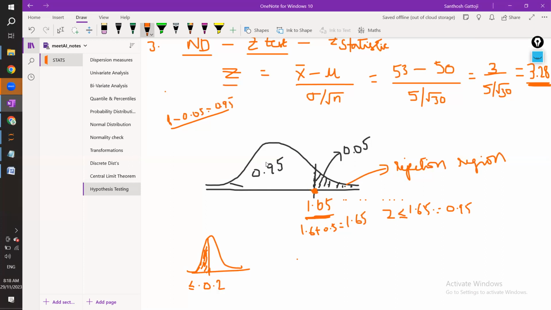This value, which is giving us 95% of the area, is 1.65. So till 1.65, we have 95% area, but above that is the rejection region, because this is where we have alpha. Agree?